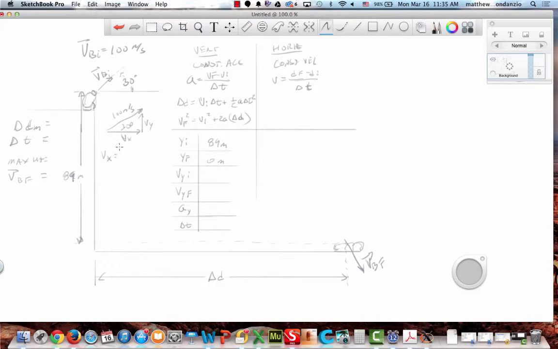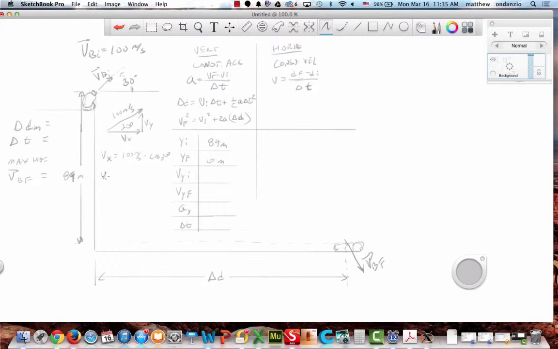Come on, guys. Give me the equation, don't give me a number. 100 meters per second times cosine 30 degrees. Does everyone see that? Yell at me if you don't understand how I got that.